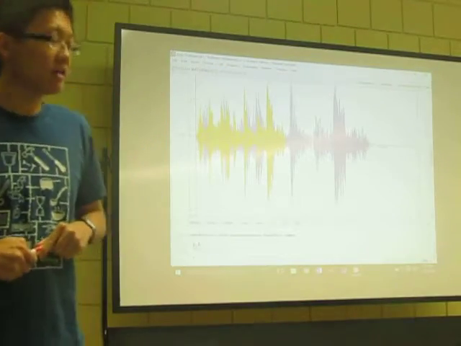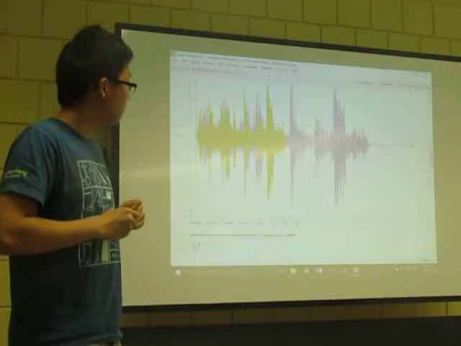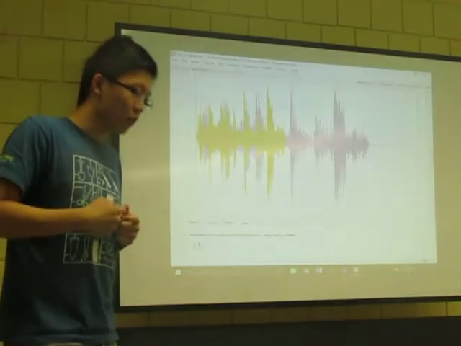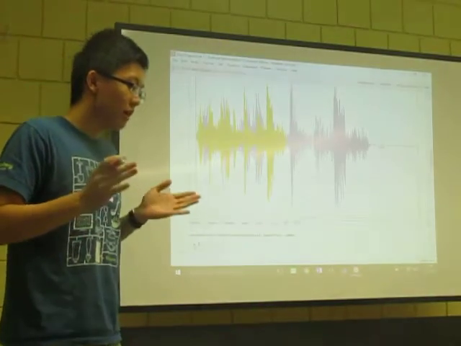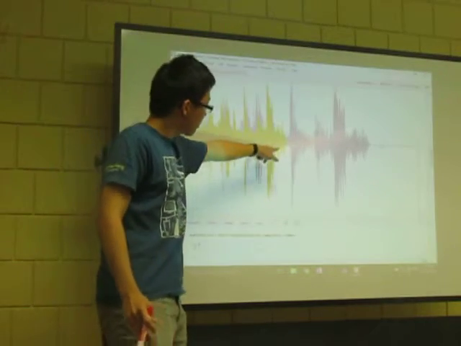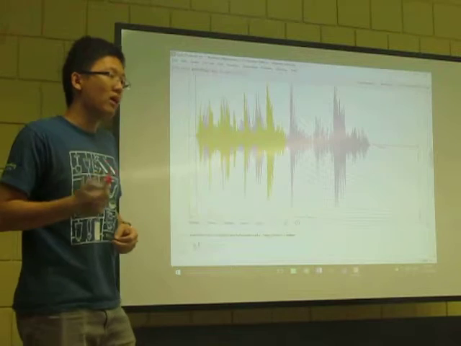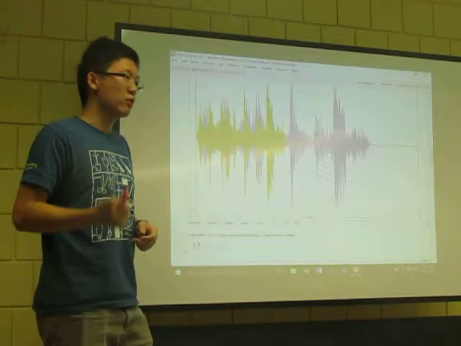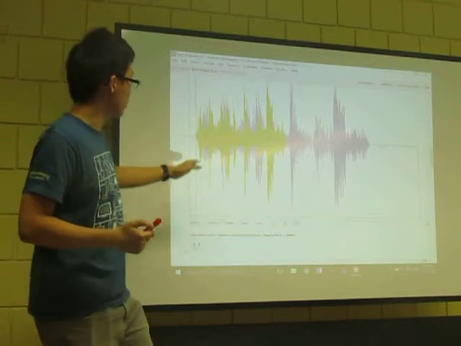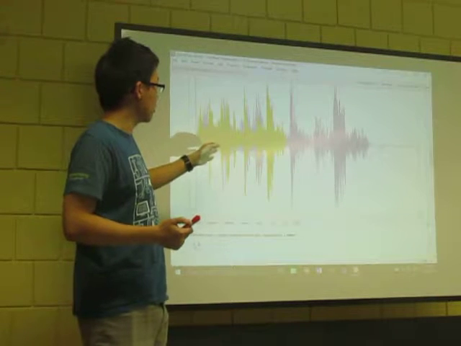Right. So again, what they're trying to do is compress it like this, so this would be double the speed, but you want to keep the same frequency.